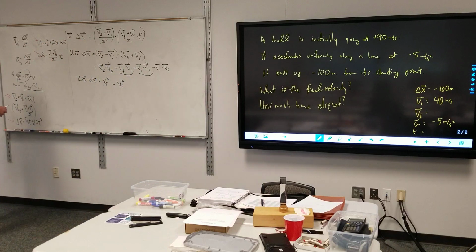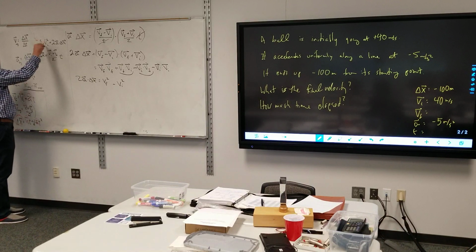So I know Vi, I know a. So this first equation, I don't know final velocity or time. This equation is not going to really help us initially. I know displacement, Vi and a. I have only one unknown here. I have Vi, a, and displacement.